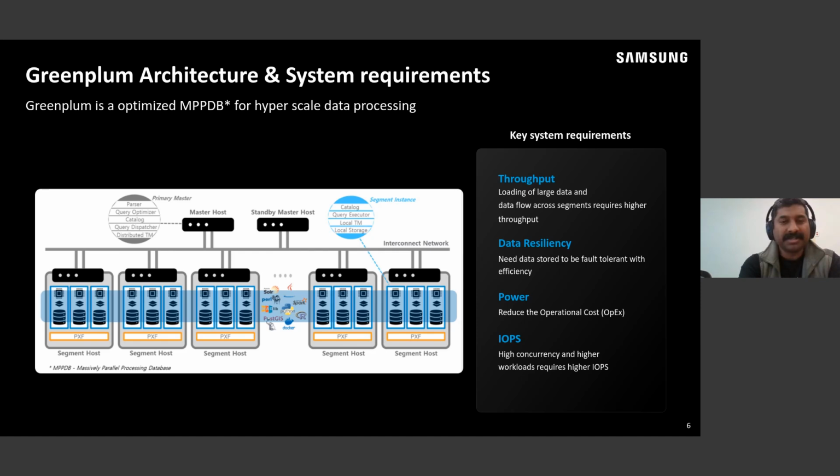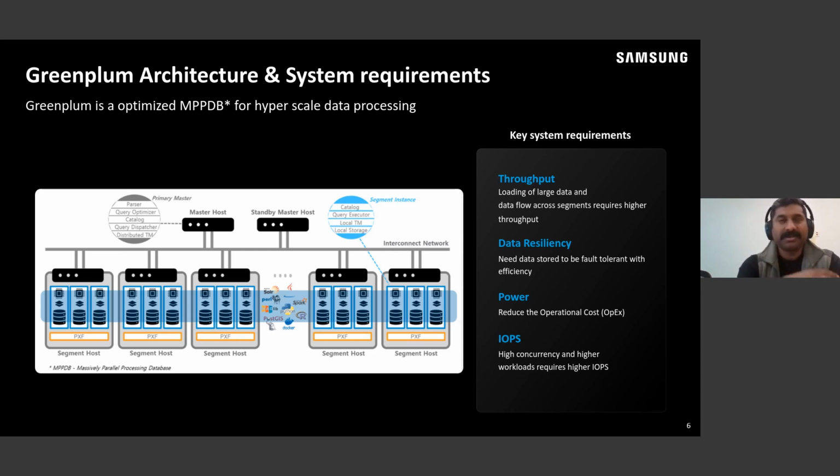So we started with the analysis of what the key enabling areas are where, from the system side, we can enable the full power of Greenplum. And we have listed a few of those items on the right side. You can see them as the key system requirements.